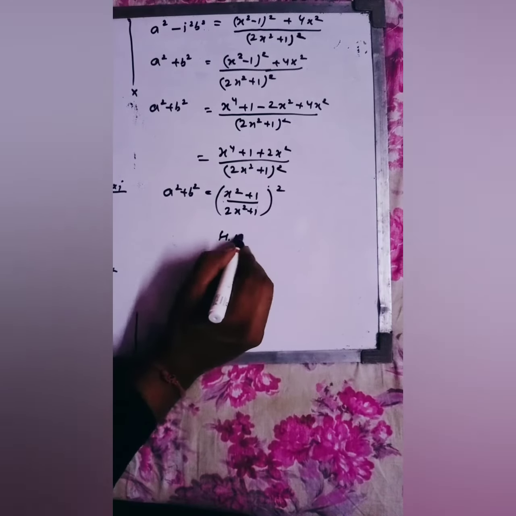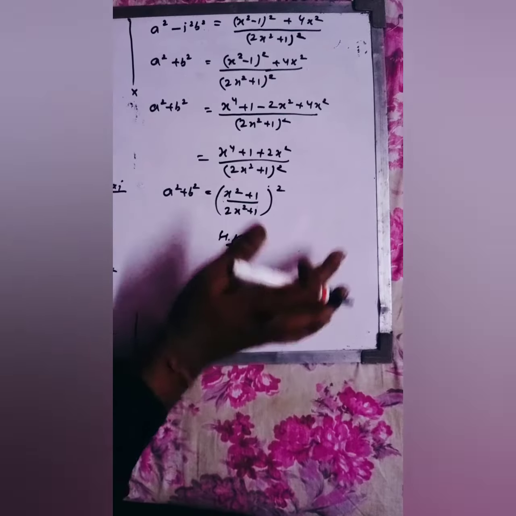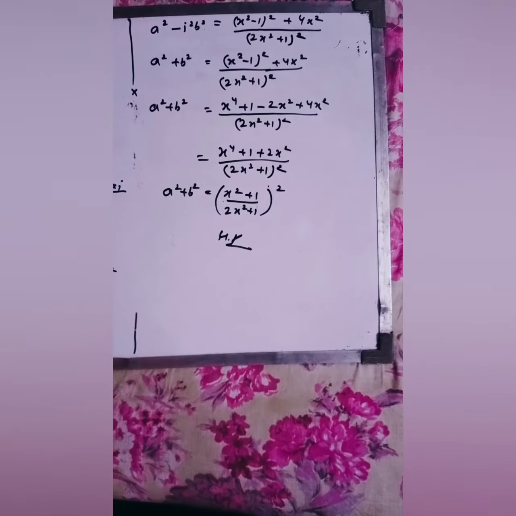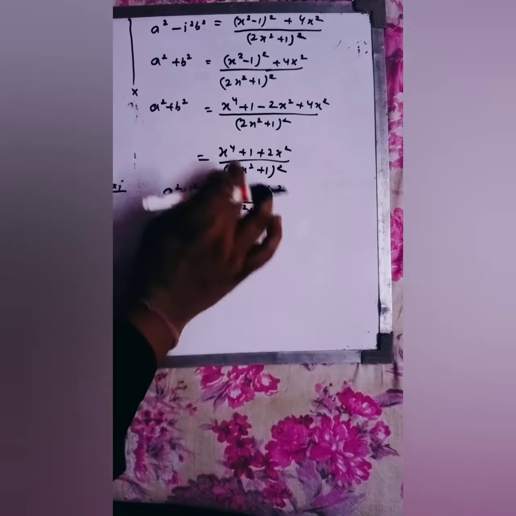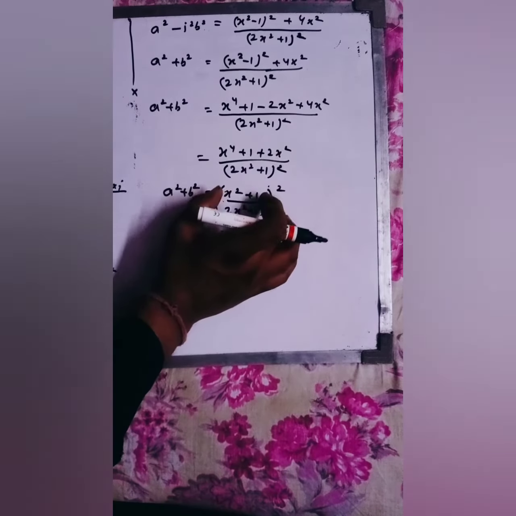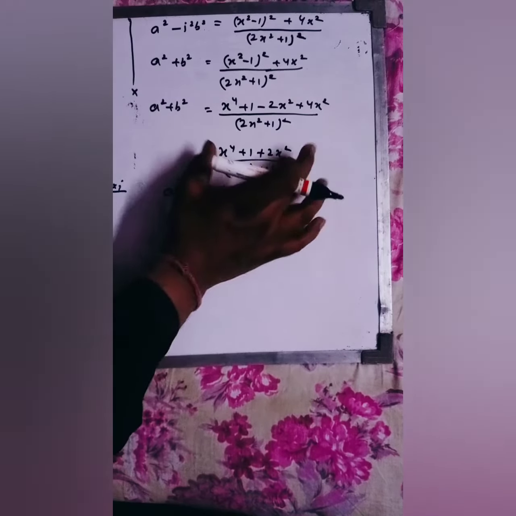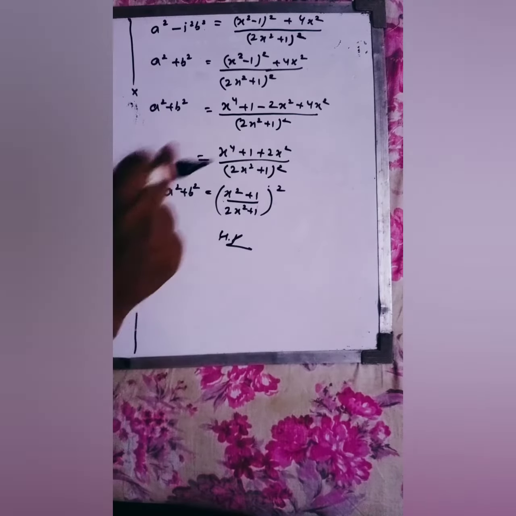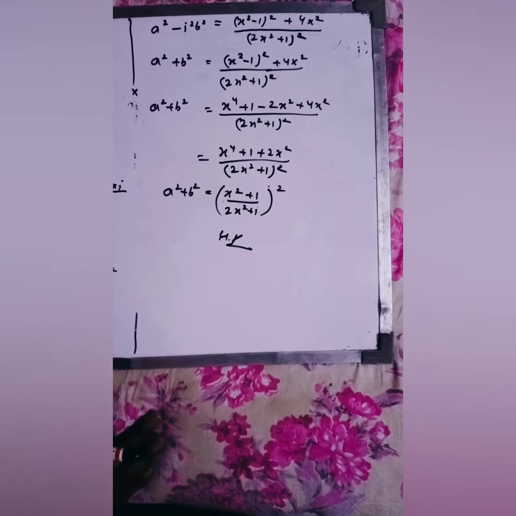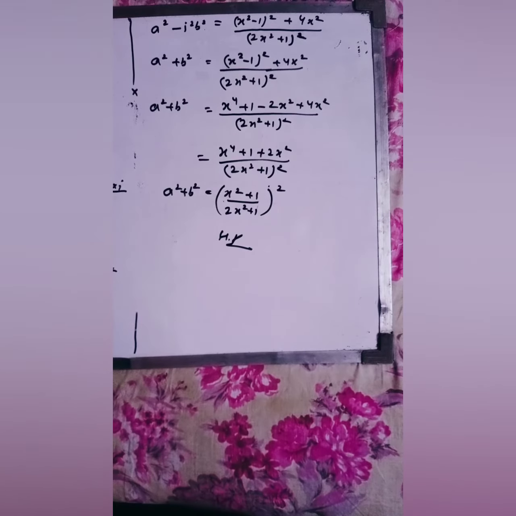So hence proved. You have to convert this into this, because when you open this you will get the same thing. So this is how you can solve this question. Note it down.